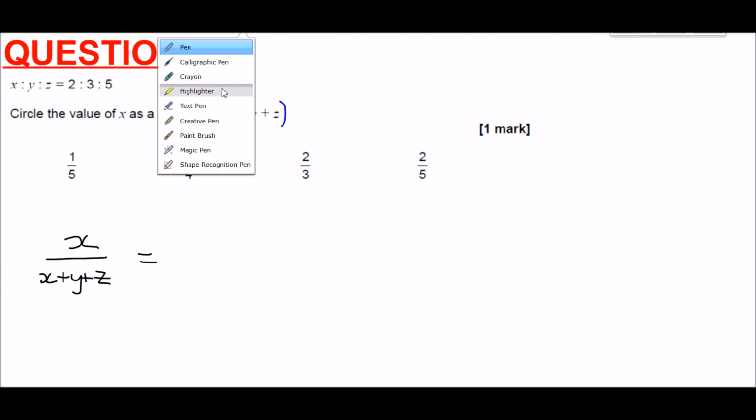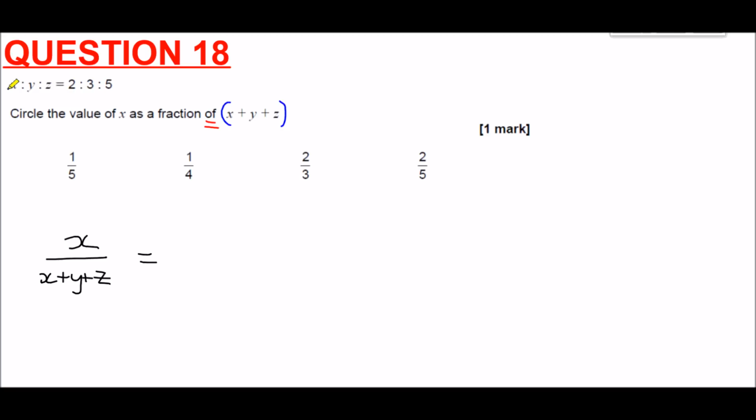And so the value for x is 2. For y, we've got 3 parts, and for z, 5 parts.